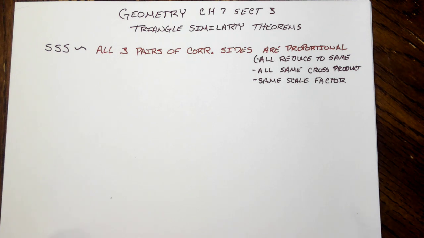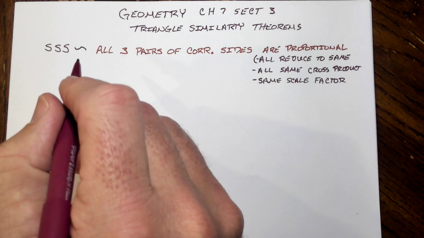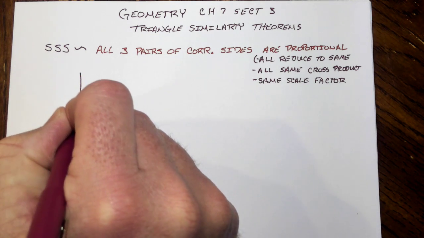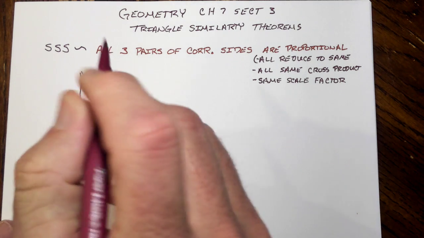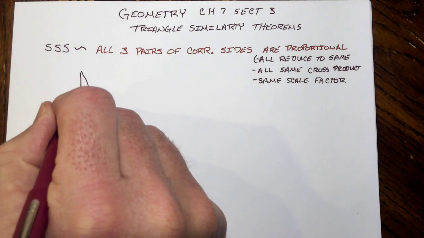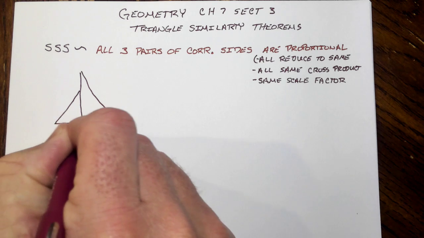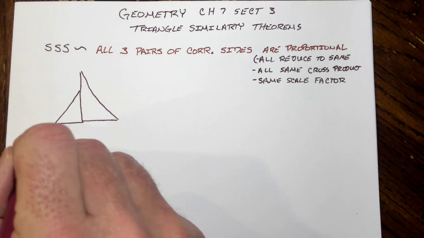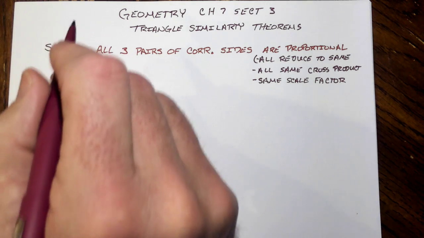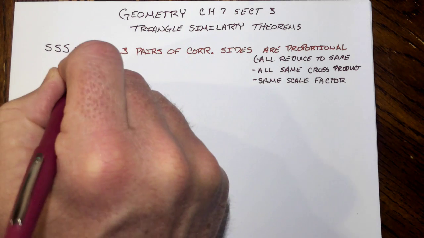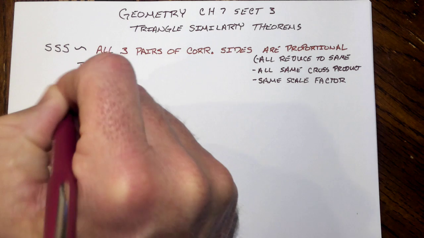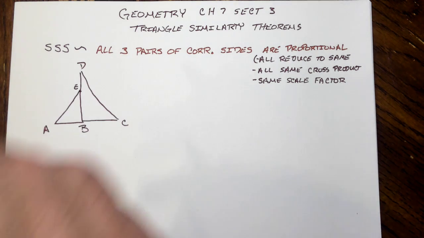So let's look at an example here. Wow. All right, drawing is horrendous right now. Point E right there.